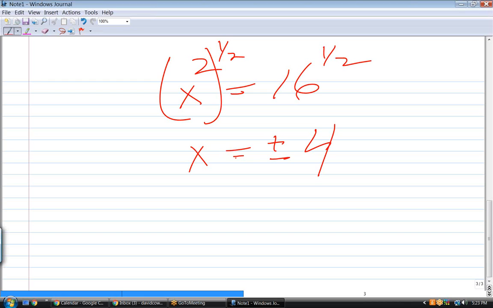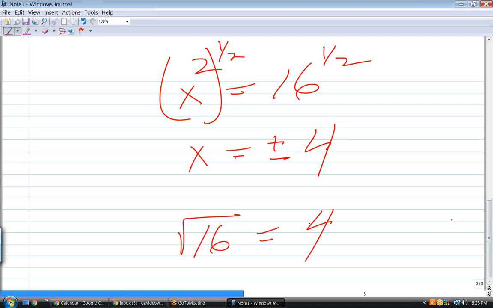Whenever you are taking an even root, whether it's square root or 4th root or 6th root, the answer is plus or minus. In other words, now, why did I not want to write it the way I originally wrote it? If I put this, that's actually equal to plus 4.